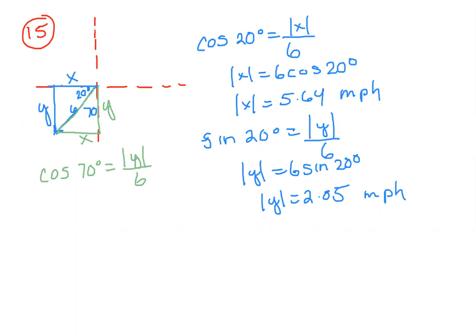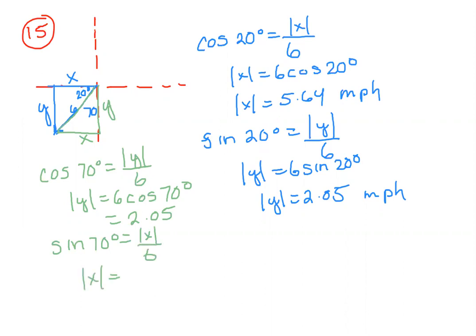Cosine of 70 times 6. Yeah, so you would get the absolute value of y equals 6 cosine 70, which equals 2.05. And you would have used sine of 70 equals the absolute value of x over 6, and you would have gotten the same thing that you got up there, which is 5.64. So it doesn't matter. Usually we use this angle, but it doesn't really matter, however you do it.